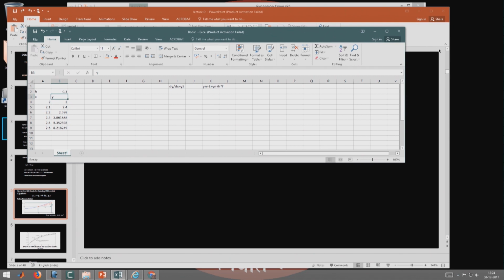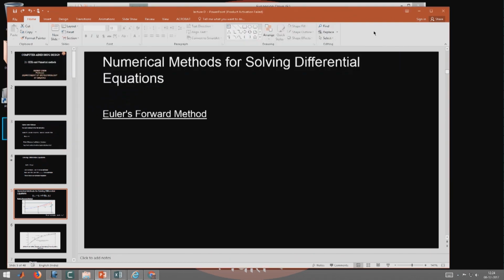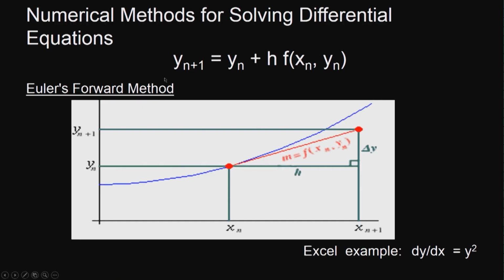So, there are other methods which can give a better accuracy. Okay. It is very simple, as you can see, it just takes the h, multiplies by the function value, that is dy by dx value, adds it up to the starting y.